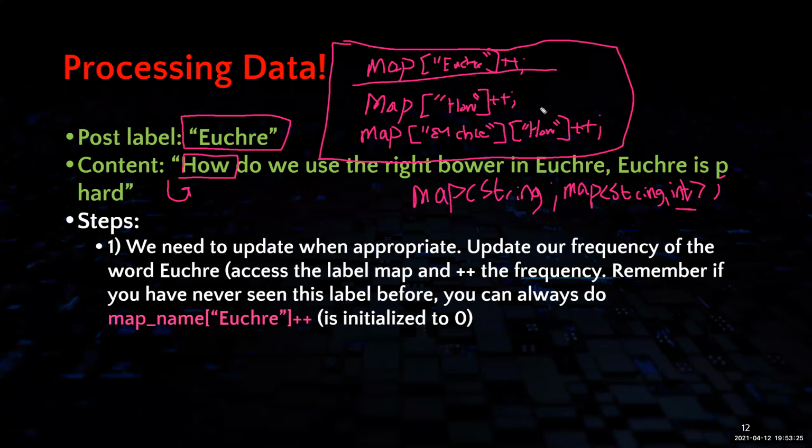Yeah, go ahead, Arian. Just so that I get this straight, the first line there is calculating the number of times we have a post label named euchre in the entire training data. Yep. And the second line is calculating the number of times I have the word how in all the contents for all my training posts.